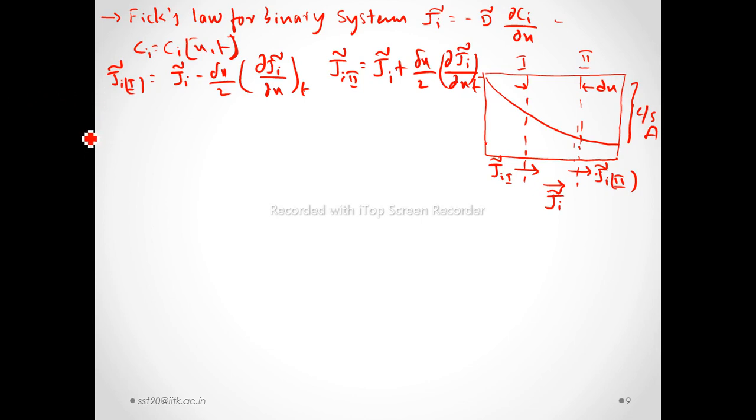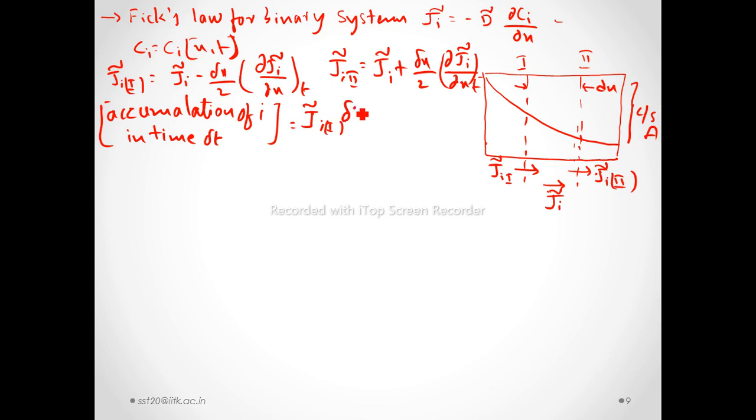considering accumulation of I in time delta t can be written as j tilde in time t, we need to get it right.